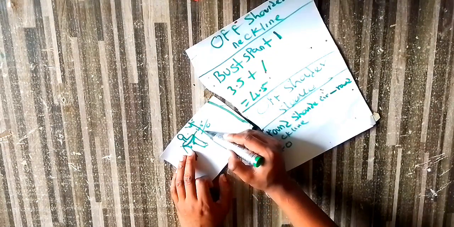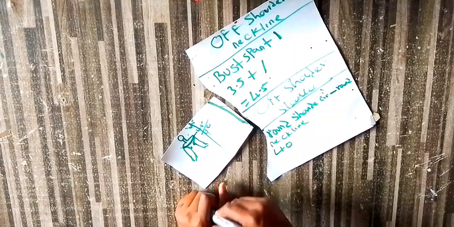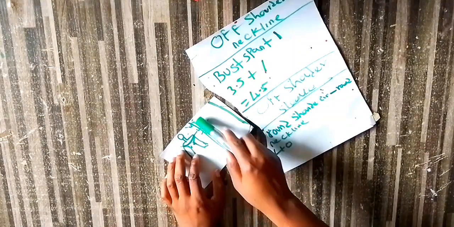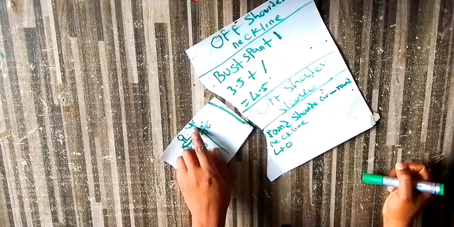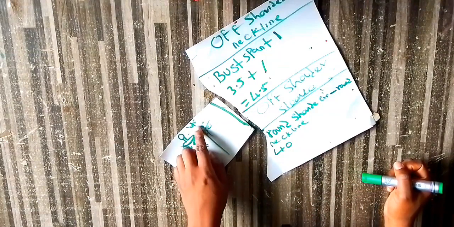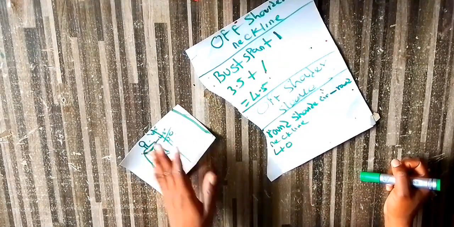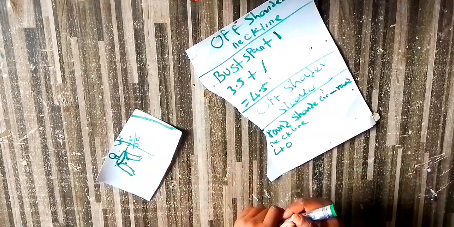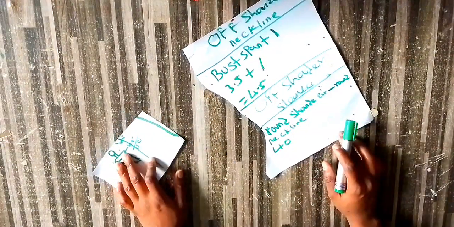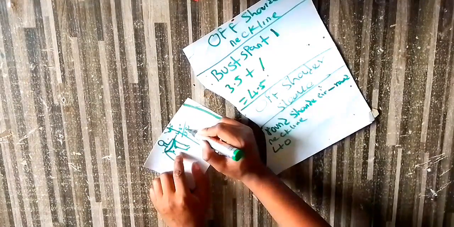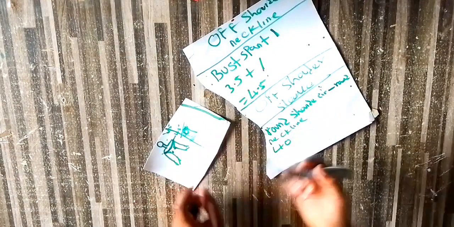So I hope you understand. In your own case, it might not be 9, so you just use your own body measurement. The 4.5 neckline we have in front is definitely the same thing at the back. So the 4.5 in front plus that of the back is 9 inches.